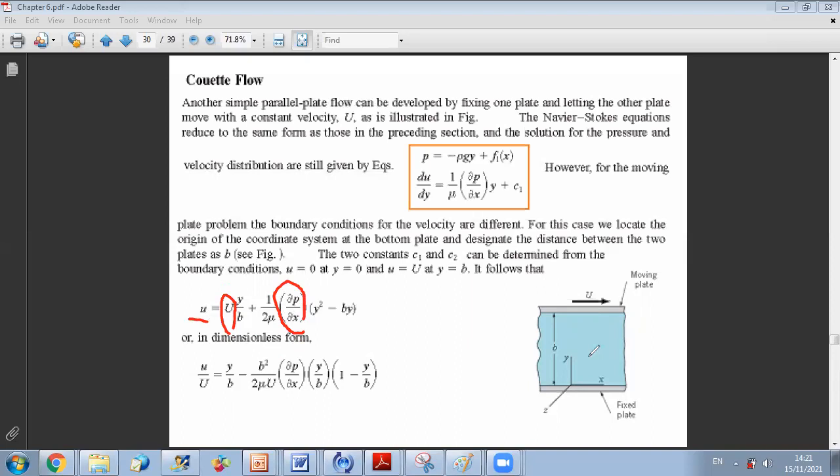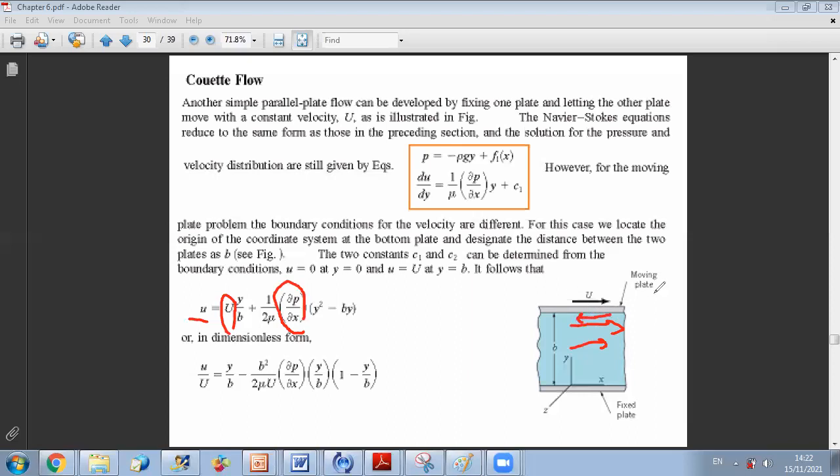And the pressure gradient here can be positive or negative. If you have a pressure drop in this direction, this will increase the velocity in this direction. But if pressure is increasing as I'm moving in the flow direction, this will tend to slow motion, because an increase in pressure in this direction will tend to give a velocity for the flow in the opposite way.